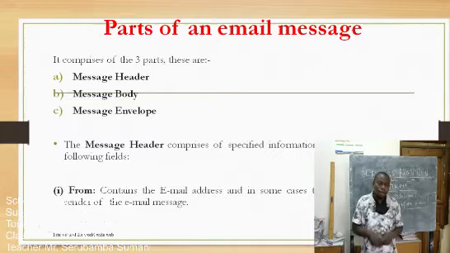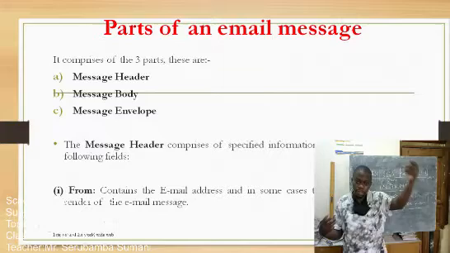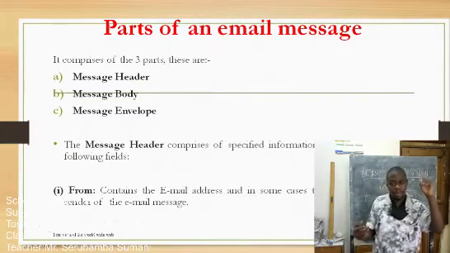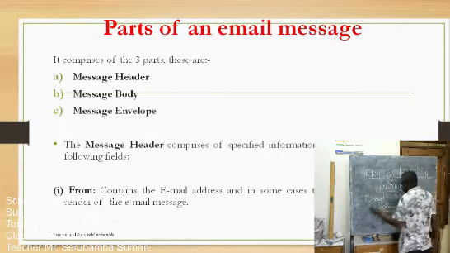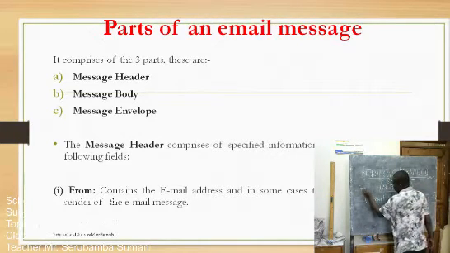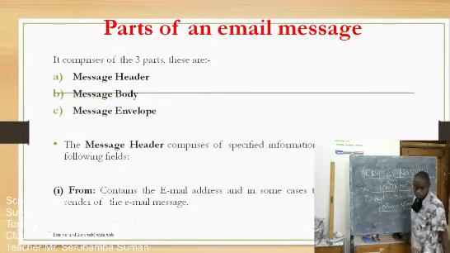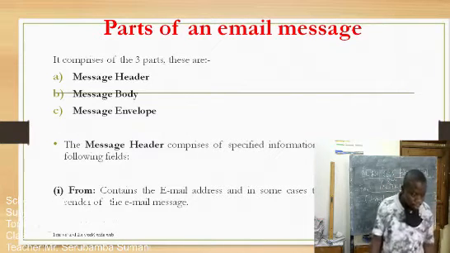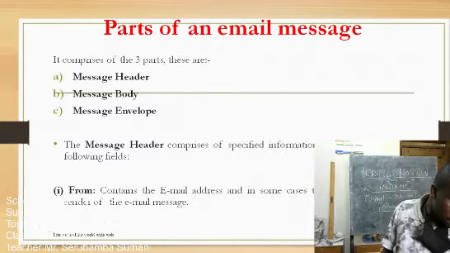So for the messages you receive, you come across that email address next to the feature called From. It will list the email address of the other person who is sending the message to you.